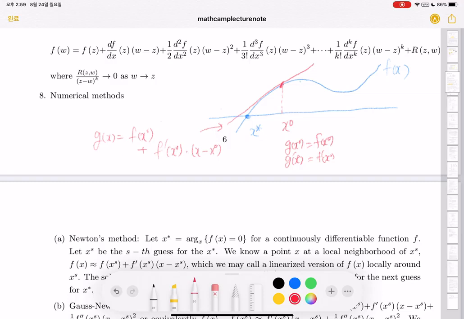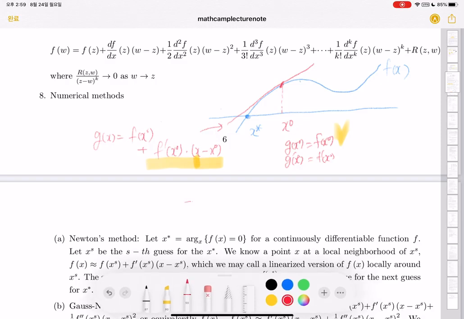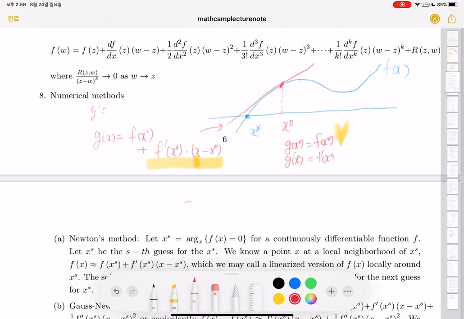So let's see if this function satisfies these two conditions. When you plug x naught here, this part goes away, so g of x naught is f of x naught. So this is checked. g prime of x is by construction f prime of x naught. Therefore, this is checked, right?